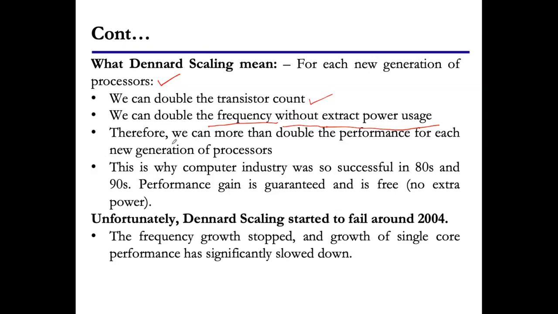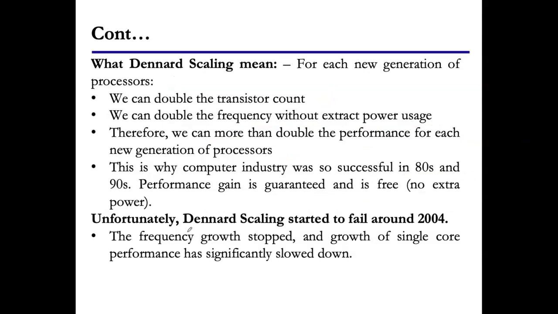Therefore, we can more than double the performance for each new generation of processors. So this is why the computer industry was so successful in the decades of the 80s and 90s. The performance gain is guaranteed and free. That means no extra power is required.